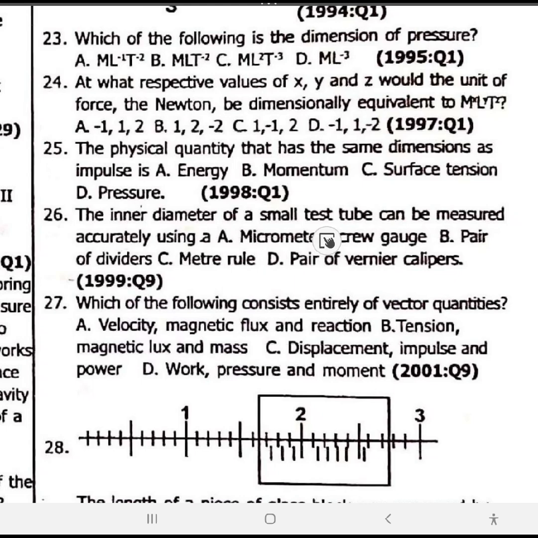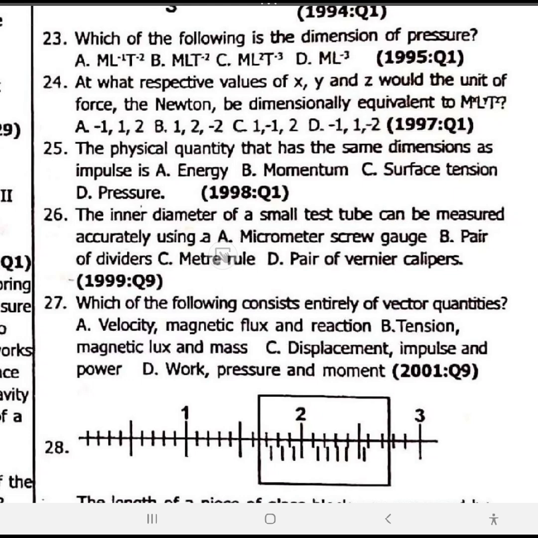26. The inner diameter of a small test tube can be measured accurately using, please let's jot down, vernier caliper is used to measure the diameter of a tube or a rod. Next, micrometer screw gauge. Micrometer is spelled M-I-C-R-O-M-E-T-E-R. Screw is S-C-R-E-W.